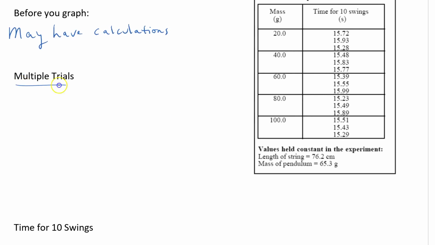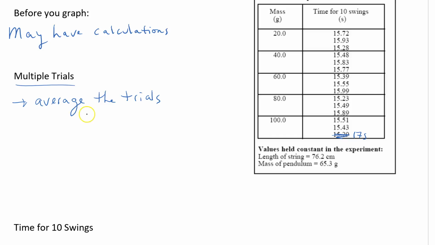So if you have multiple trials like we did here, you're going to have to average the trials. Now, if you find that one of the values is way out of line, let's say if this one was 17 seconds, like I said before, if one of them is way inconsistent, you might want to actually try to minimize the error, try to get your technique better, change your equipment setup, and go back and recollect some data.